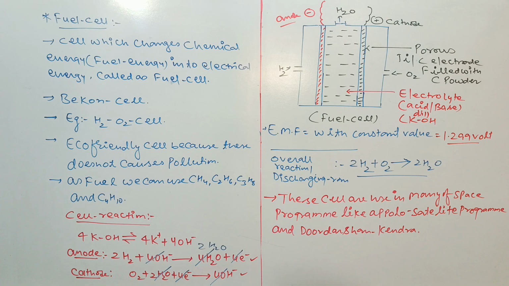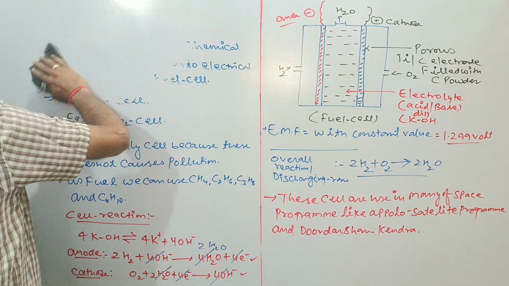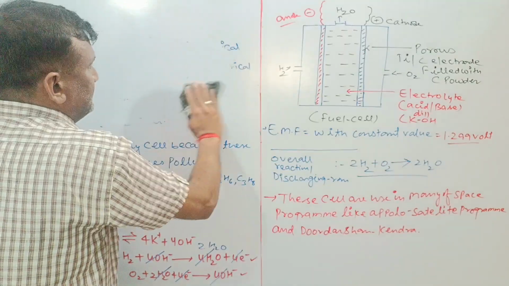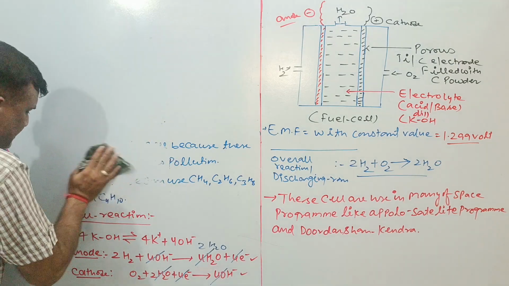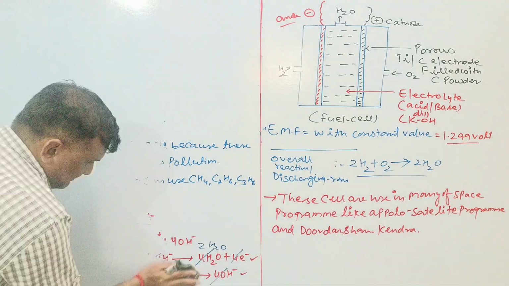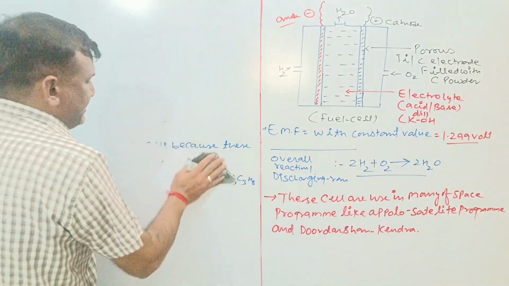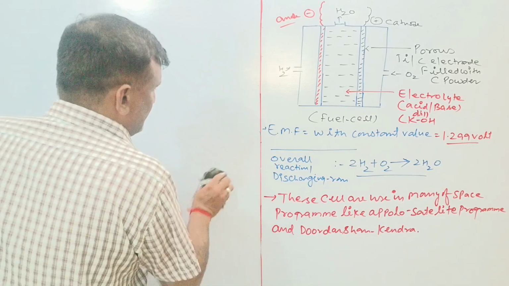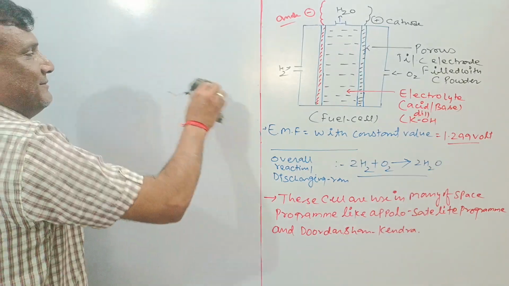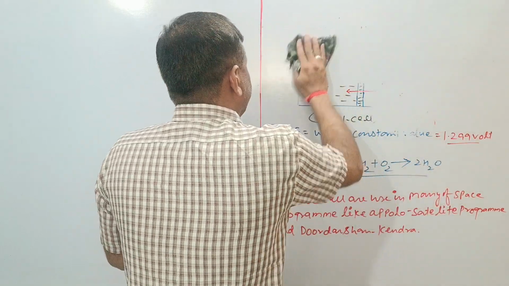Now we'll go with the last topic of this chapter, that is corrosion. It's a very important topic because there will be a lot of short notes. They may ask you the meaning of corrosion, the meaning of sacrificial protection, what galvanization is, or which anti substances are used to prevent corrosion.